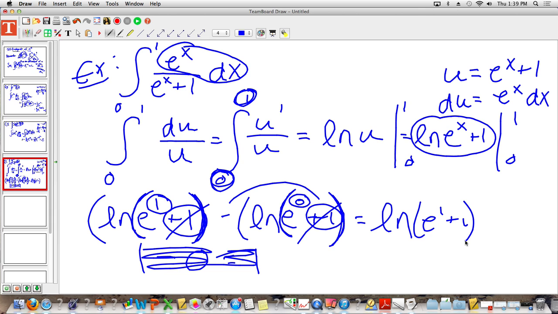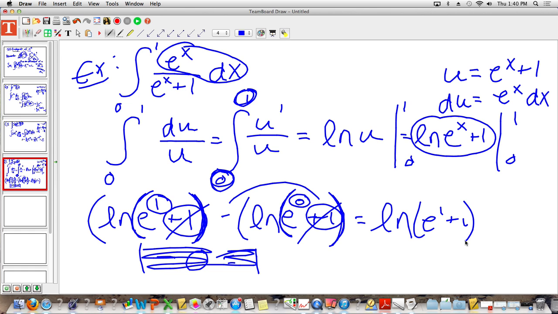You got to practice that, you guys. Type in the ln, a parenthesis shows up, type in e to the power of 1 plus 1. Get an answer. I think it's going to be a terrible decimal.